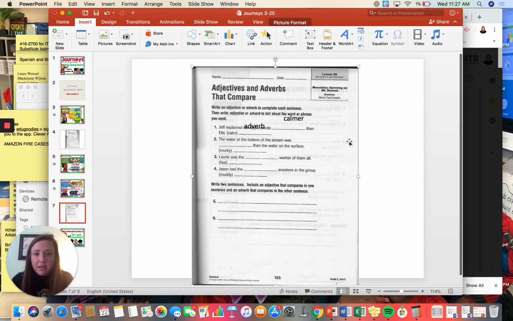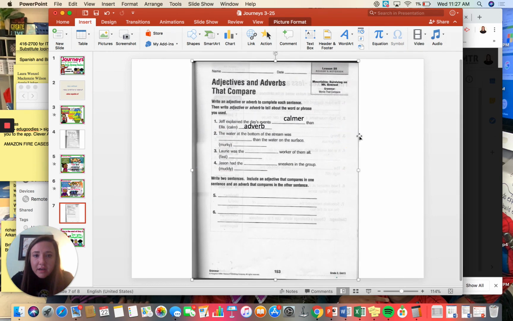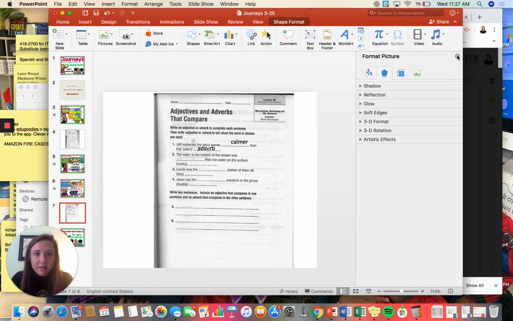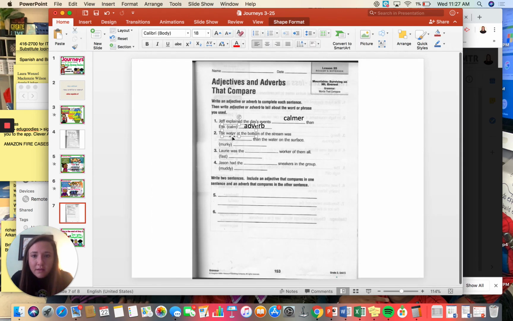Next one. The water at the bottom of the stream was blank than the water on the surface. They want us to use the word murky. They're describing the water in 2 places. So again, I'm going to add the ending ER. Let's see. Notice, this is not the correct way to spell murkier.